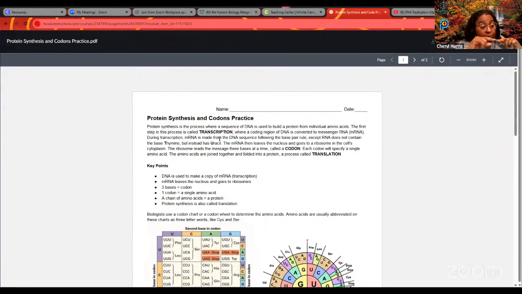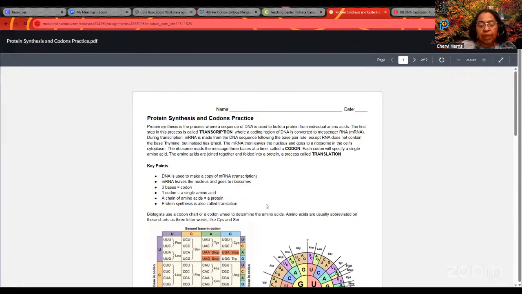It is read three bases at a time, going through like a little ticker tape. You have to remember that it takes 3 bases to make a codon, and the codon signals 1 amino acid. Then we want to put all the amino acids together to make a chain, and that's a protein.